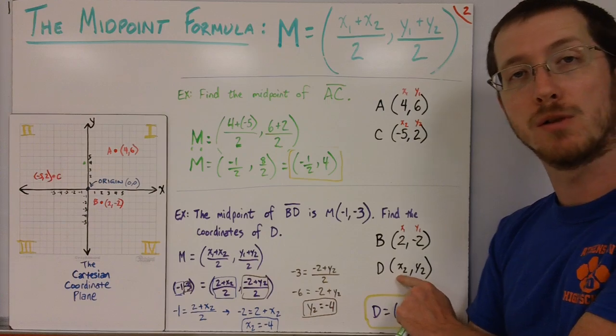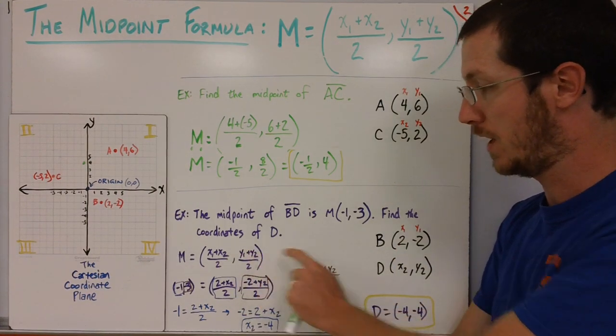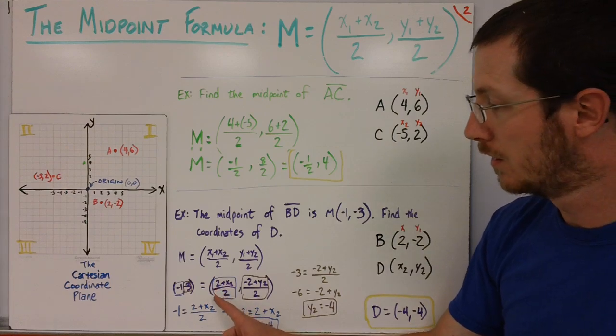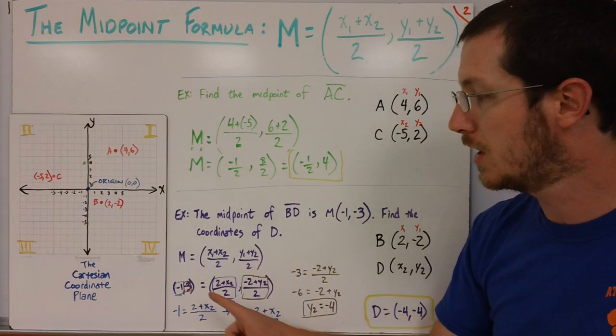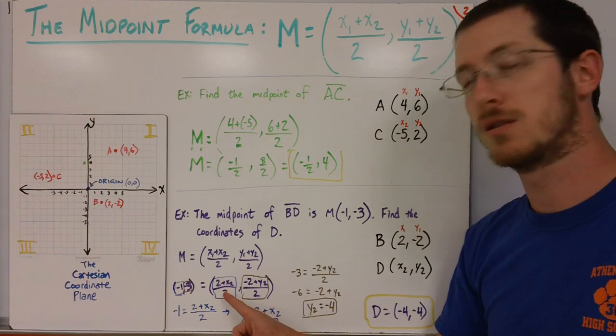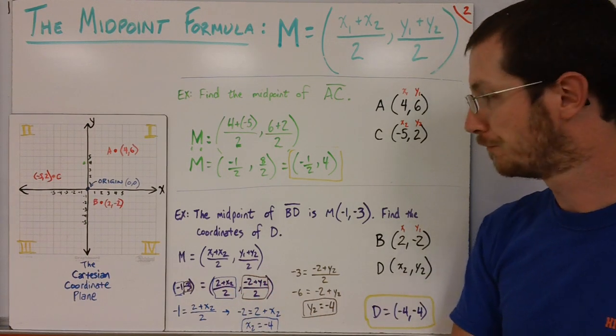We don't know the coordinates of D, so let's just leave those as x2 and y2. So our formula, once we substitute those 2 points in, is going to be negative 1, negative 3 equals (2 plus x2) over 2, comma, (negative 2 plus y2) over 2.